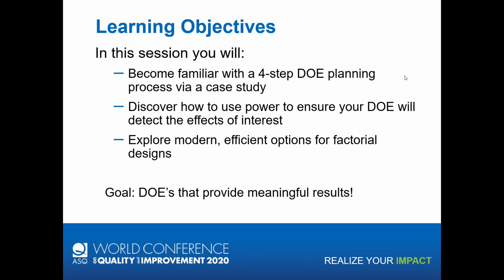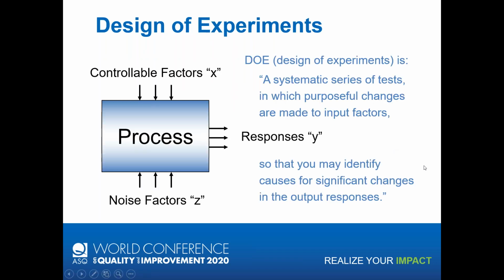And the more we can do planning up front, the more likely it is that our results will be good and we'll have a good analysis at the end. So just a brief recap of design of experiments, or DOE.